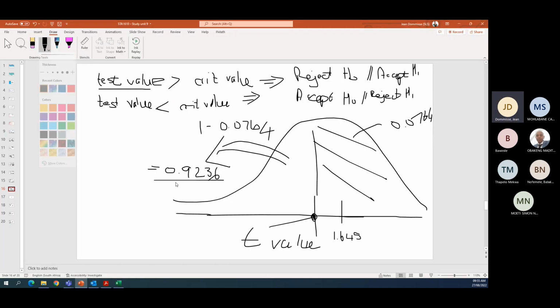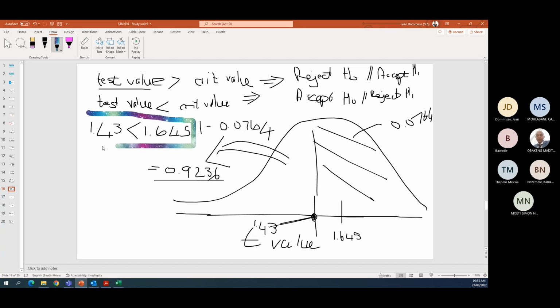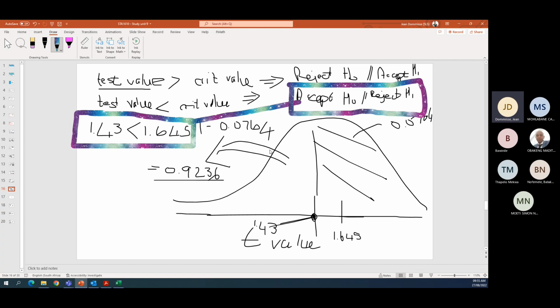Okay, so your t value is actually 1.43. Your critical value is 1.645. The t value is smaller than the critical value, so we accept the null hypothesis, or we reject the alternative.